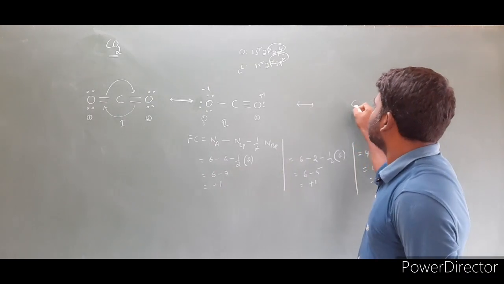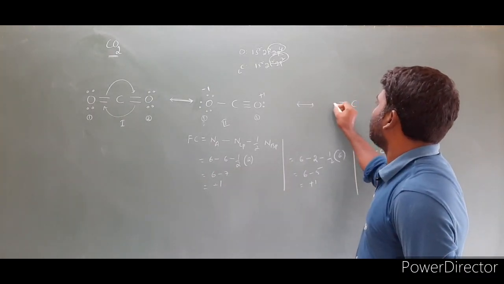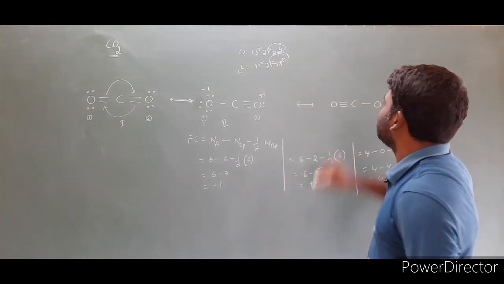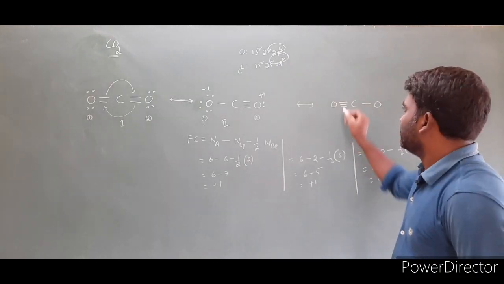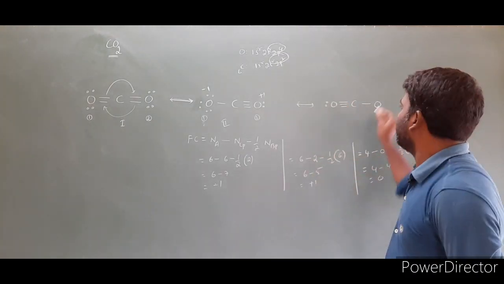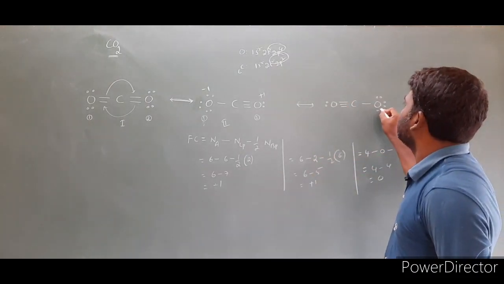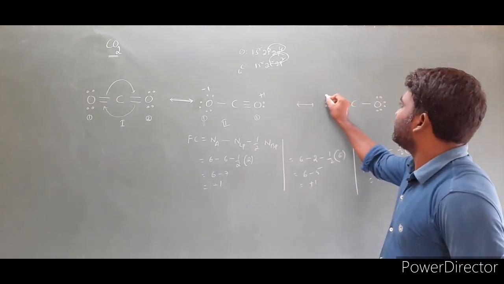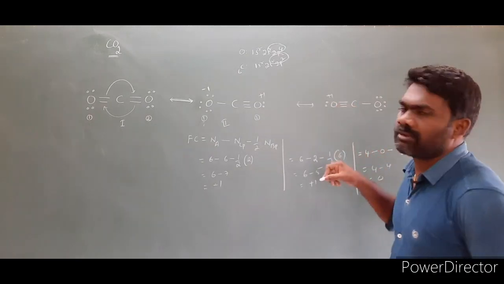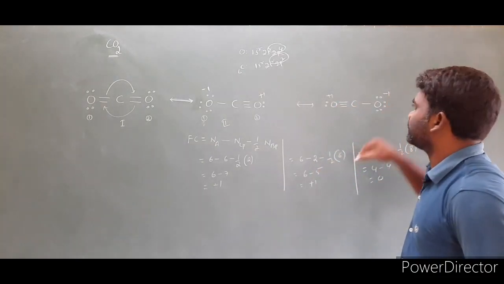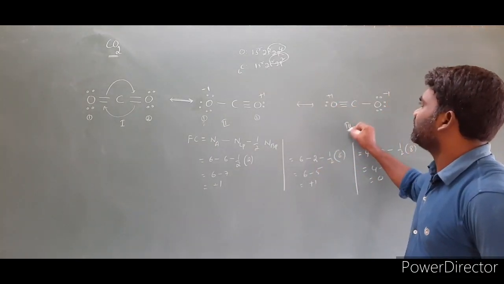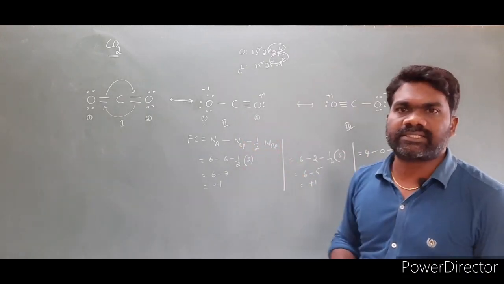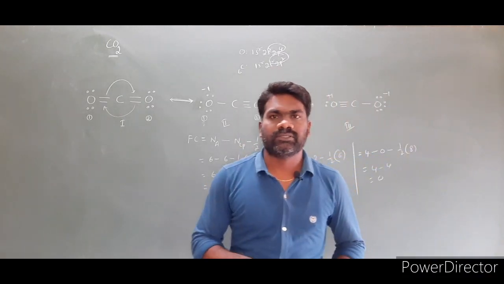C triple bond O, single bond O, isn't it? This has again one lone pair, this has again 3 lone pairs. Now the point is, this has a positive formal charge of +1, this is -1. This structure I am labeling as 3.